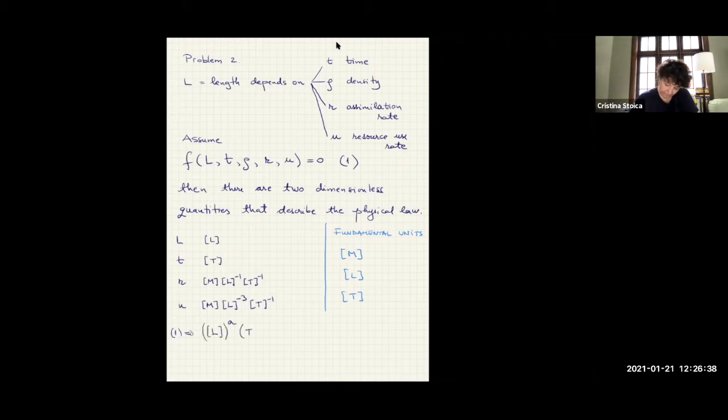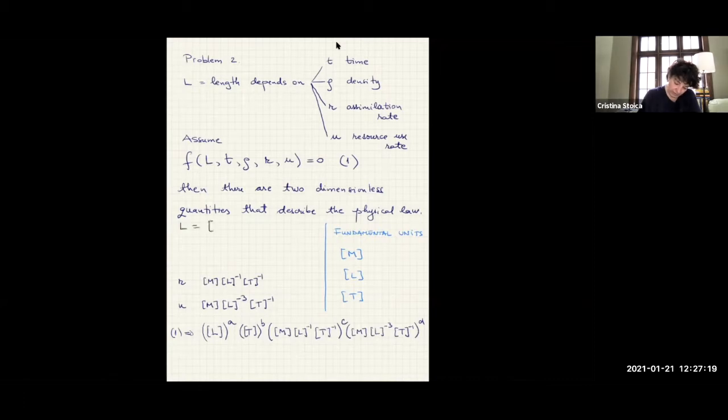Then T to the B, then M L^-1 T^-1 to the C, then M L^-3 T^-1 to the D, and did I forget anyone? I forgot rho. Let's put rho in here.